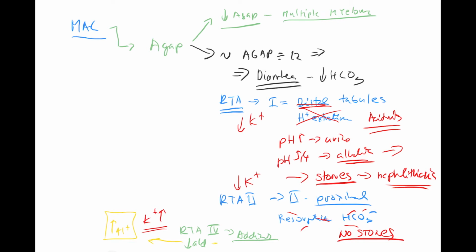But I told you much more about RTA because it's an USMLE topic, and I'm sure many of you want to pass USMLE. But we don't test this so much over here. We only want you to know the types. So remember, all of them cause acidosis. You should know first, second, and fourth type. And remember, it's the opposite.